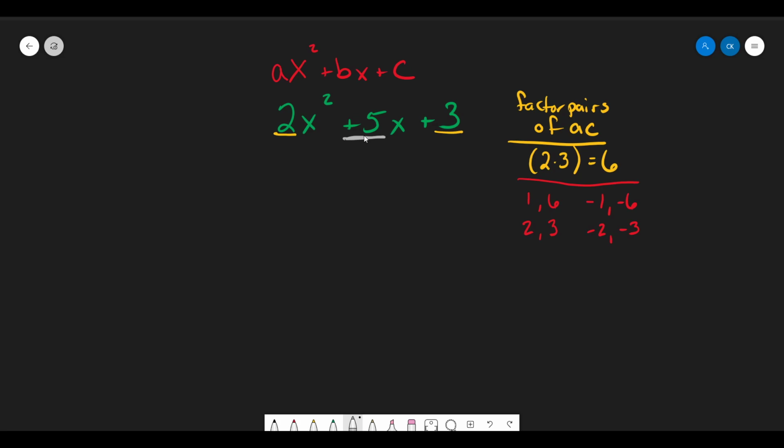So out of these pairs, I'm looking for which one adds to equal 5.